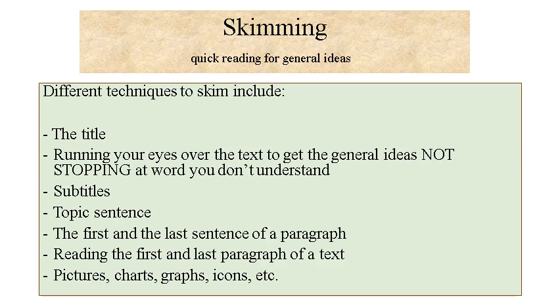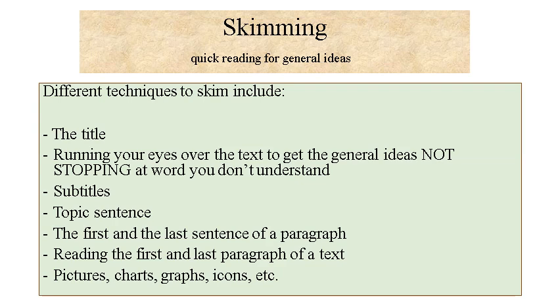Skimming is a reading technique. It means quick reading for general ideas. So, when you do this, you can identify the main idea that the passage tries to convey. In skimming, you move your eyes quickly to understand the text as a whole. You don't read everything, and you don't read carefully.